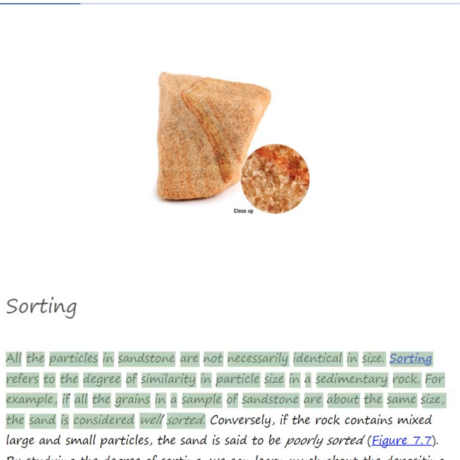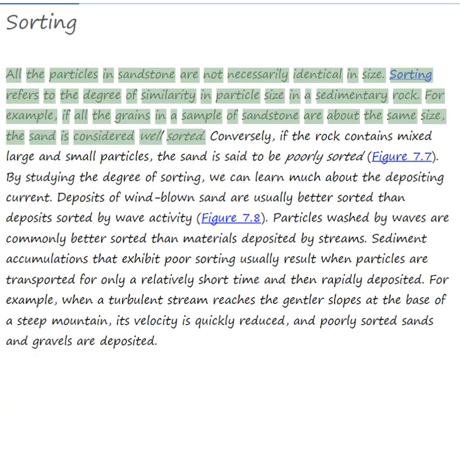Sorting. All the particles in sandstone are not necessarily identical in size. Sorting refers to the degree of similarity in particle size in a sedimentary rock. For example, if all the grains in a sample of sandstone are about the same size, the sand is considered well sorted.